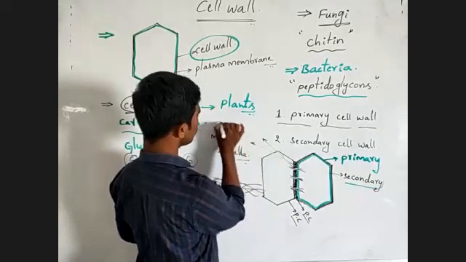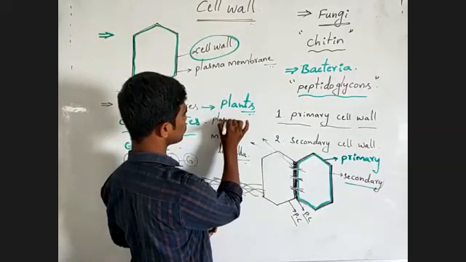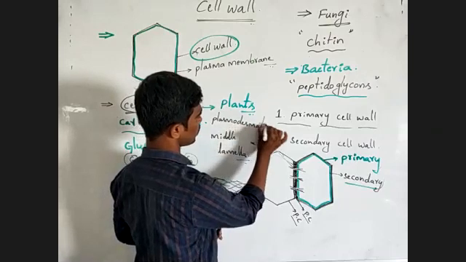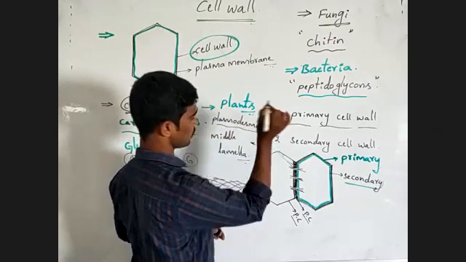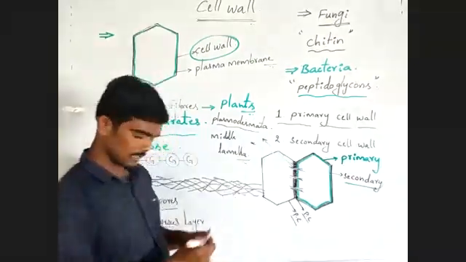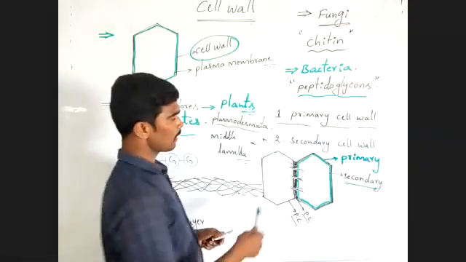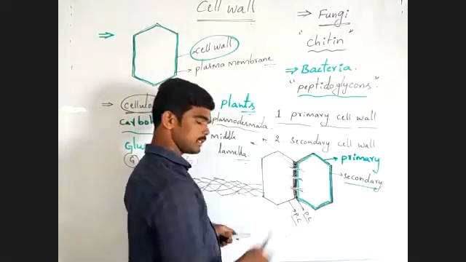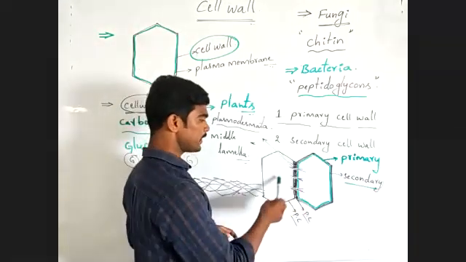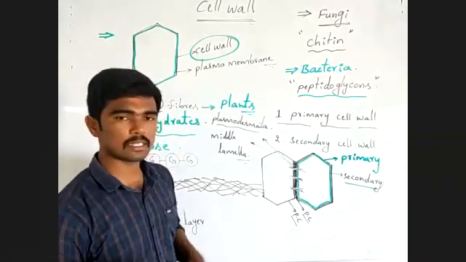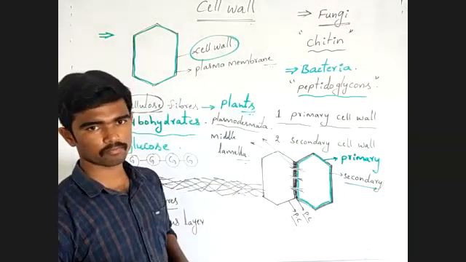These are present in the cell wall. What is the use of plasmodesmata? Between the two adjacent cells, different types of materials are exchanged.